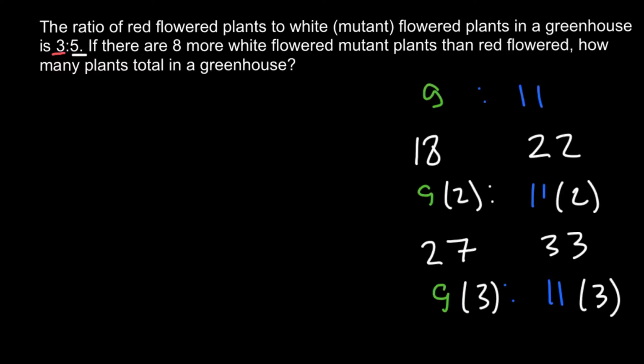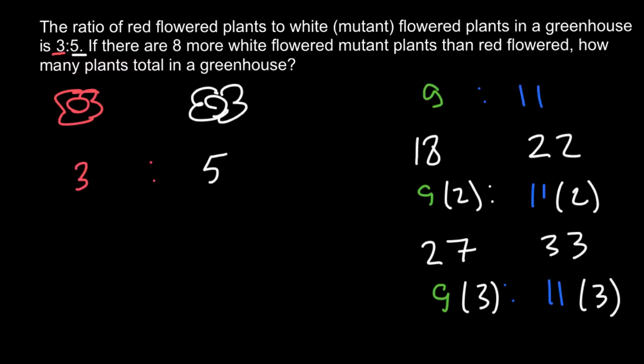And we know that there are 8 more white flowered plants than red flowered plants. So let's apply the same logic that I used here to these ratios. So here are going to be red flowered plants and here would be white flowered plants, and our ratio is 3 to 5.